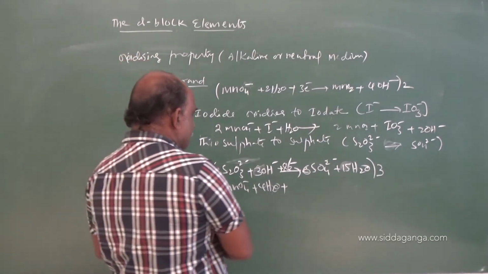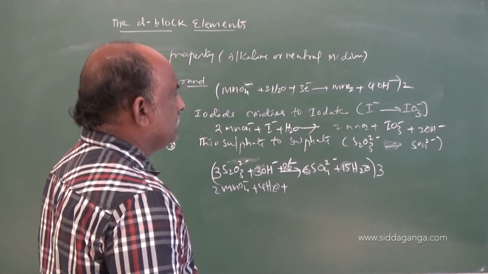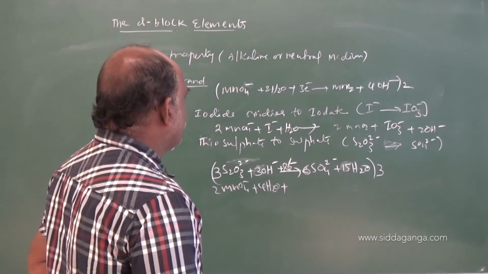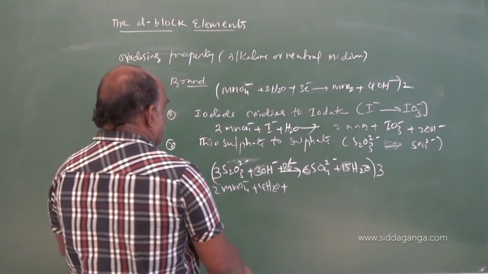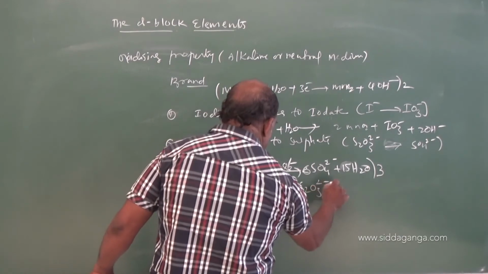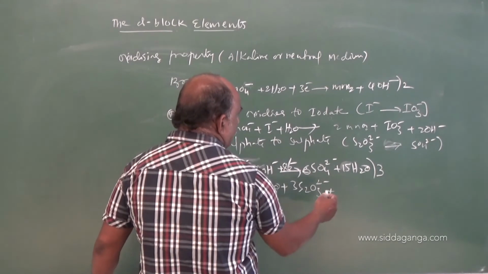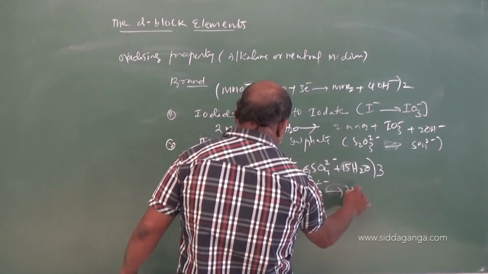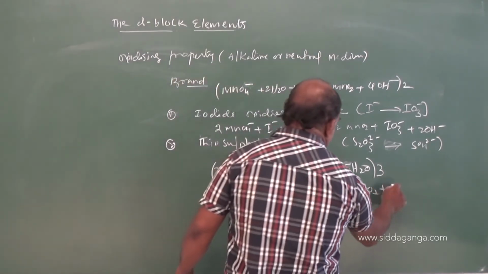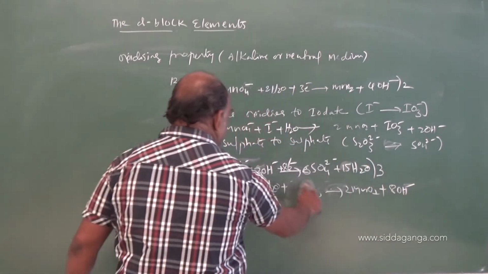How is it 3 OH minus? 30 OH minus, 8 OH minus, we will get 8 H2O. 2MnO4 minus plus 4H2O plus 3S2O3 2 minus plus 24OH minus gives rise to 2MnO2 plus 8OH minus.